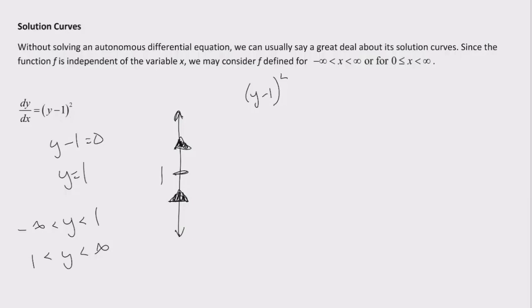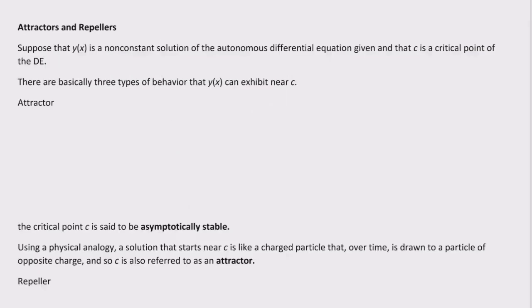Let's look at what that means. Suppose we have a non-constant solution of an autonomous differential equation, and C is a critical point. There are really three behaviors that we could see from those phase descriptions. So I'll draw my little number line here.